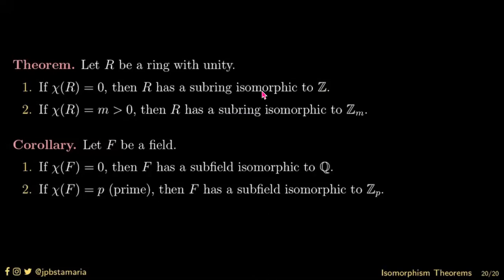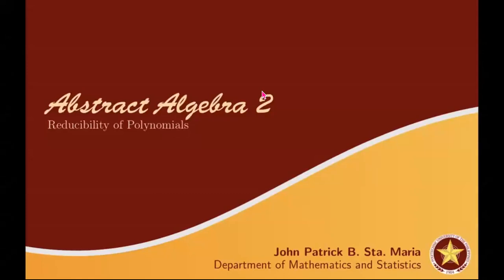Okay? What's next? Tapos na yung slides na ito. So let's move on to the next set of slides. Sa lesson na ito, ano bang pag-aaralan? Pag-aaralan natin yung tinatawag na reducibility of polynomials. Ang reducibility na word, ano lang naman yan?